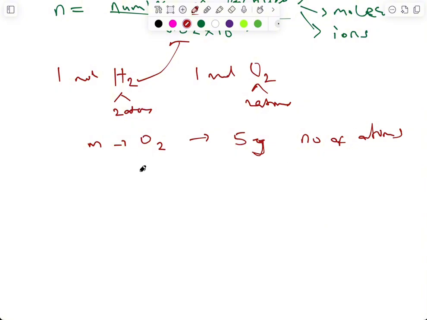The first thing is that number of moles equals mass divided by molar mass. So that is going to be 5 divided by the molar mass of oxygen gas, which is 32. So what is 5 divided by 32?